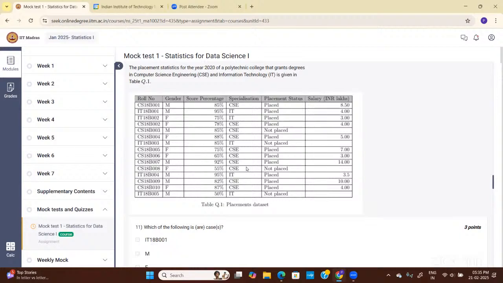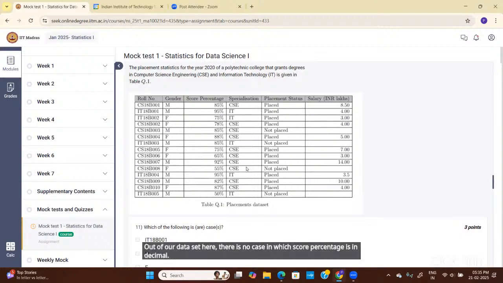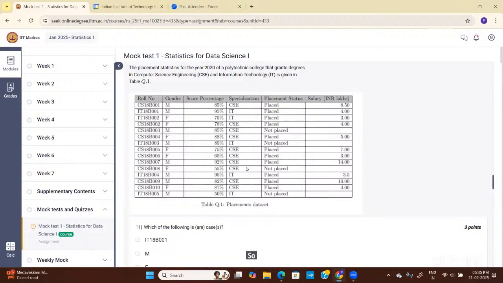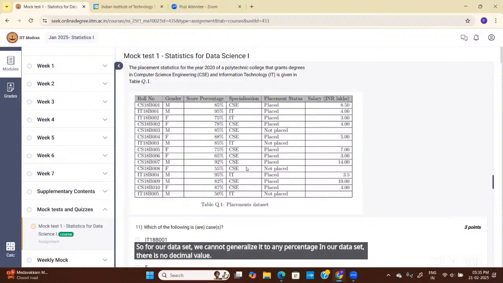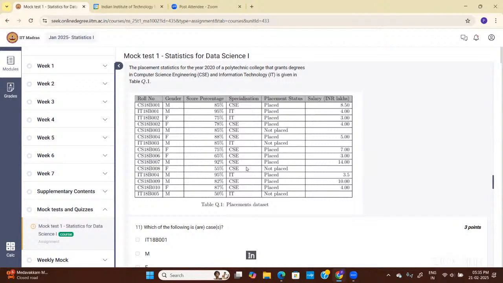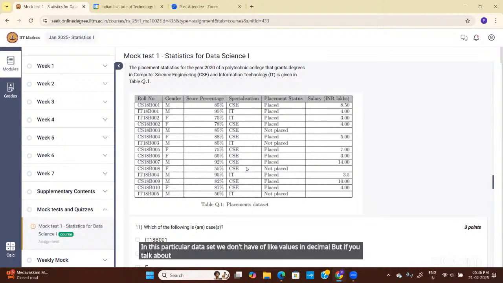Ma'am, in our data set, there is no case in which score percentage is in decimal. So for our data set, we cannot generalize it to any percentage. In this particular data set, we don't have values in decimal. But percentage in general can be in decimal also.